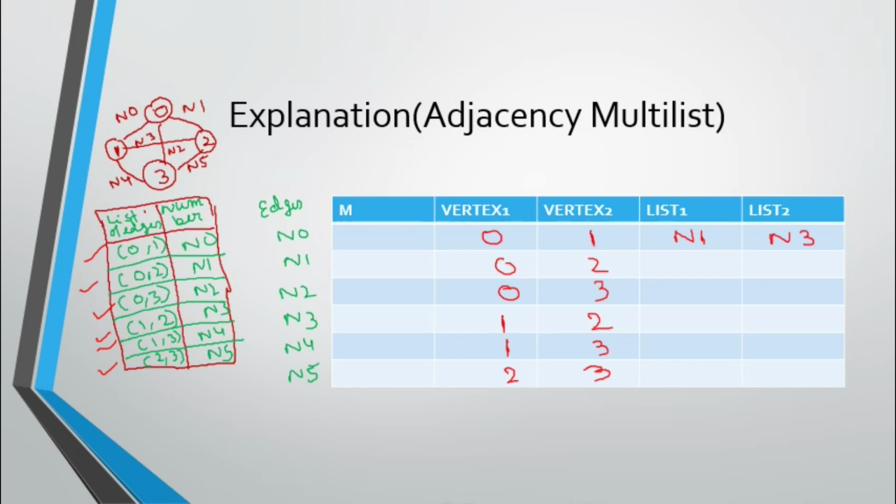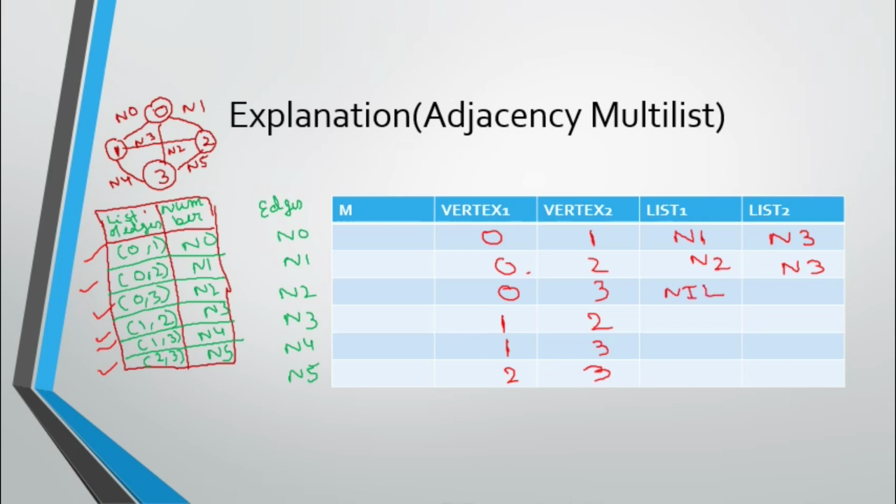For 0 to 2, the next 0 comes in n2, so write n2, and the next 2 comes in n3. For 0 to 3, you go vertically, and the next 0 is not coming anywhere, so write it as nil.